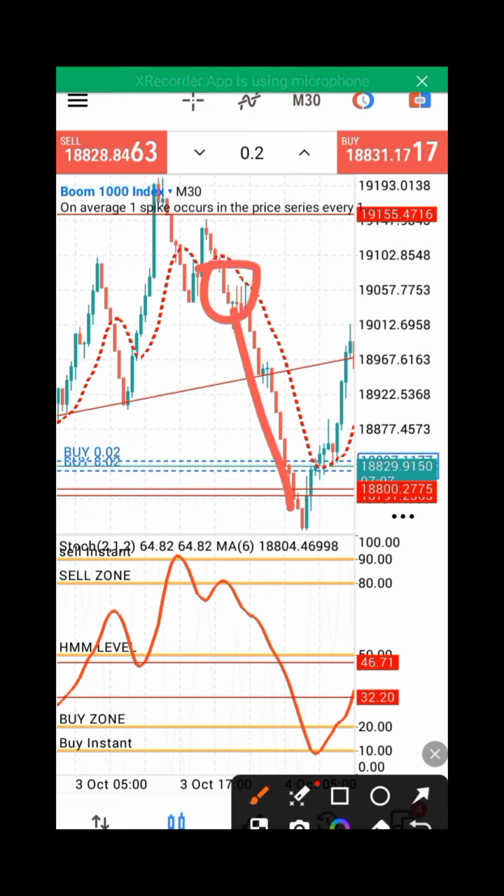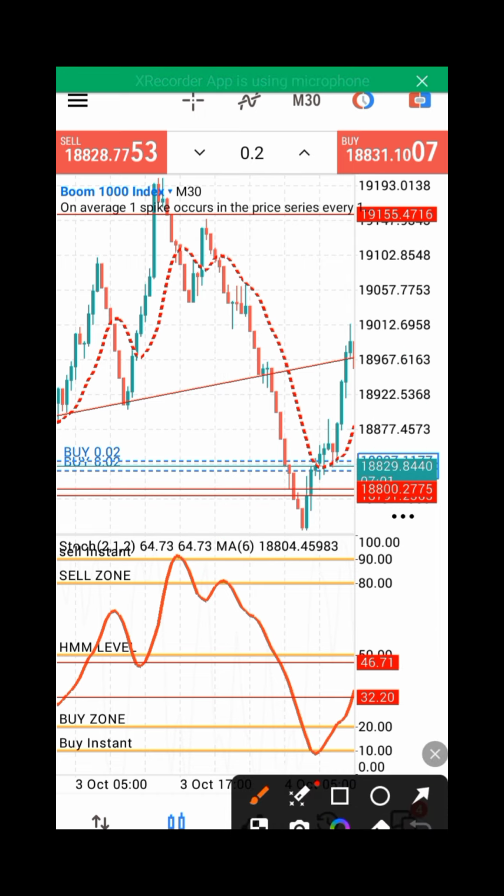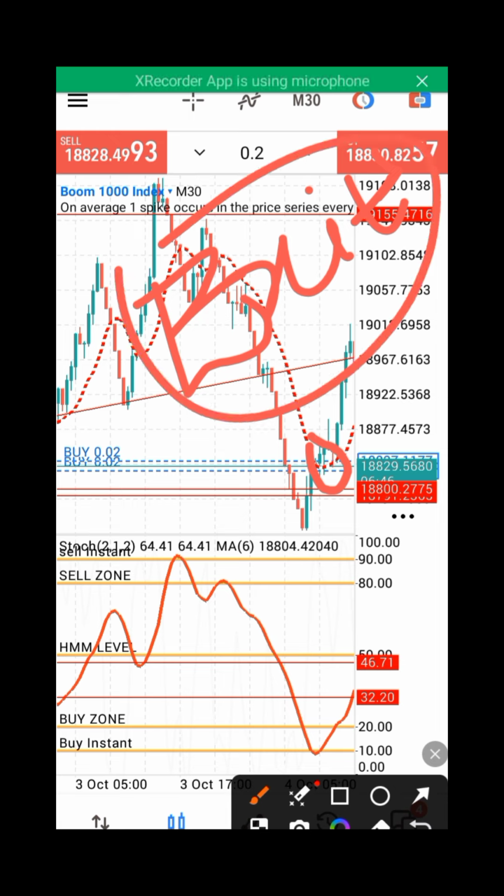Of course, I will take my profit here because this is the first place where price closes above the moving average. You can see this green line first closes above the moving average. So immediately the candle closes above the moving average, I already have what I call my exit point. I'll book my profit instantly.